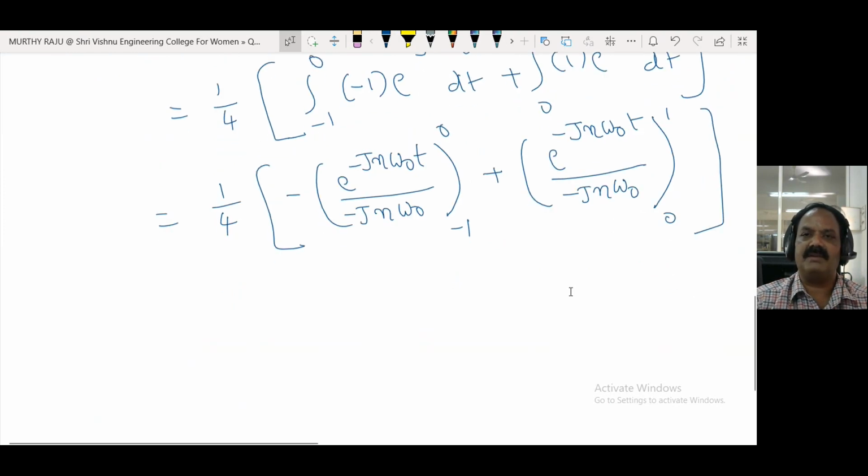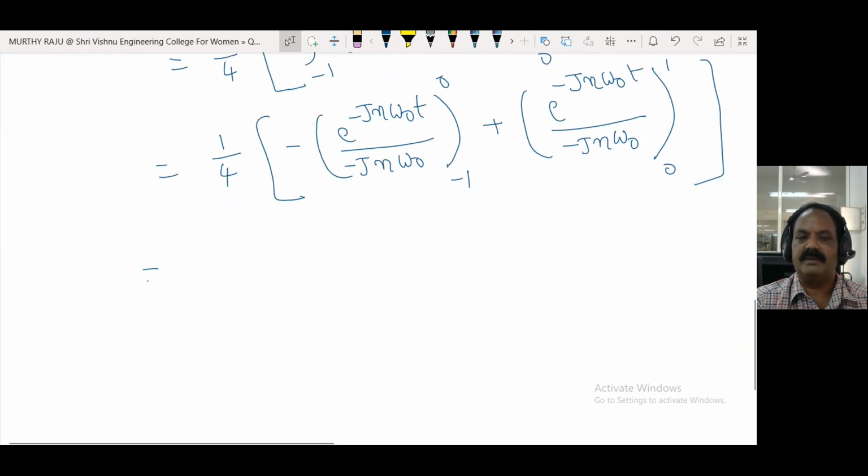Substitute the limit values in the above equation. That is 1 by 4 times minus, e power 0 is 1, by minus j n omega naught.